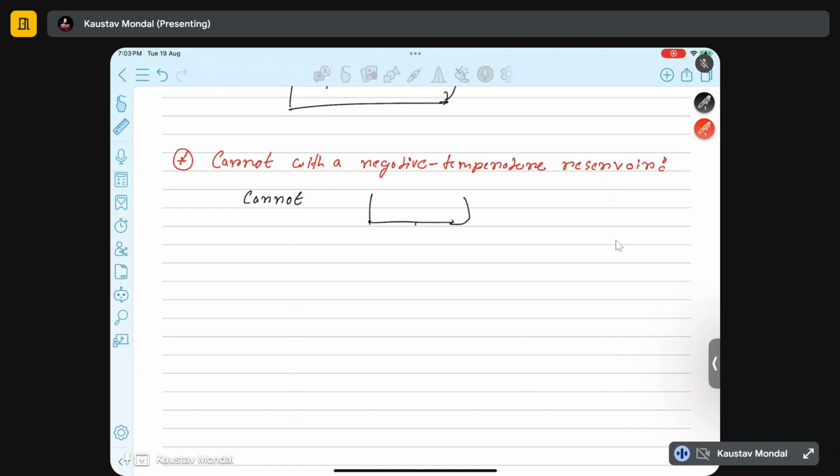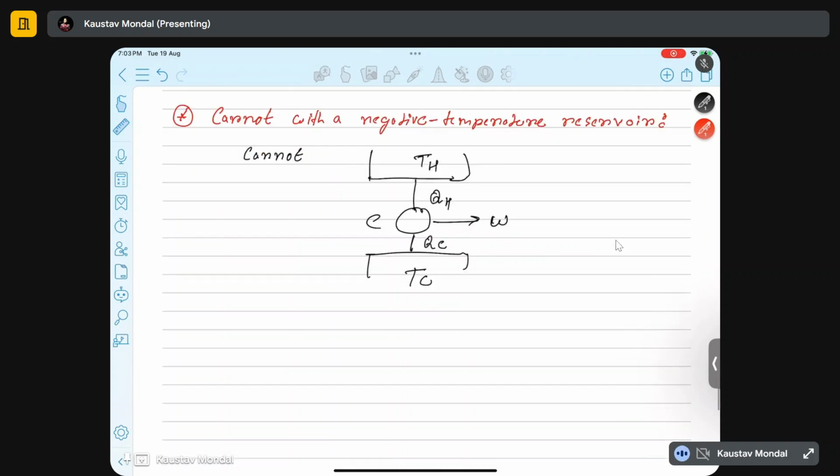It basically works like this, right? It takes the heat QH from the hot bath to a cold bath TC, rejecting QC, and in between it does some work. This is basically the principle of a Carnot engine, right?